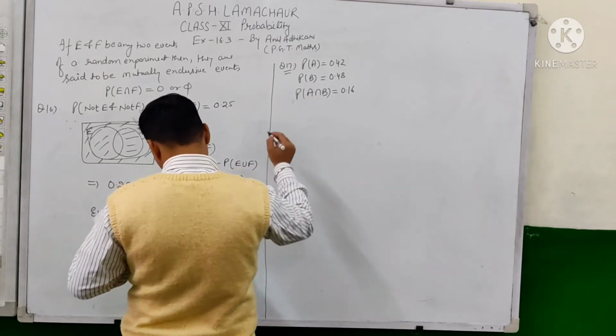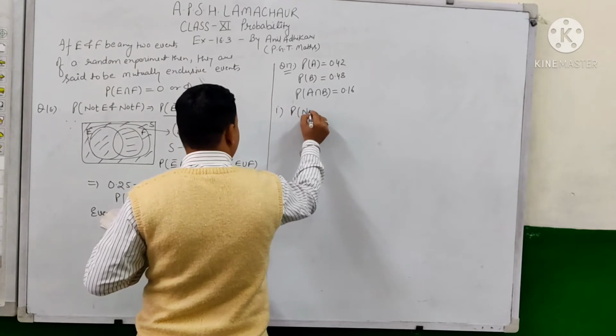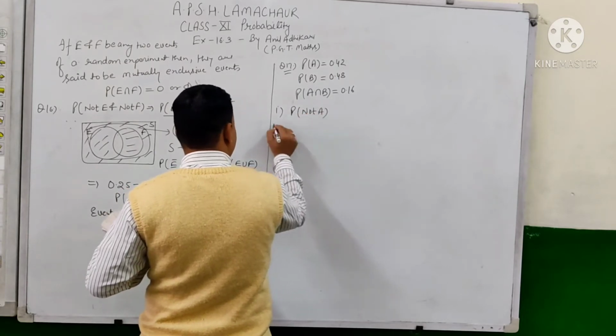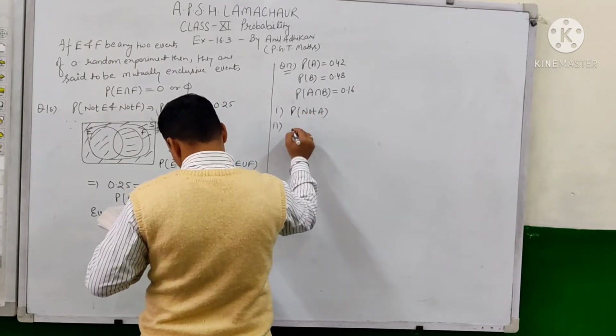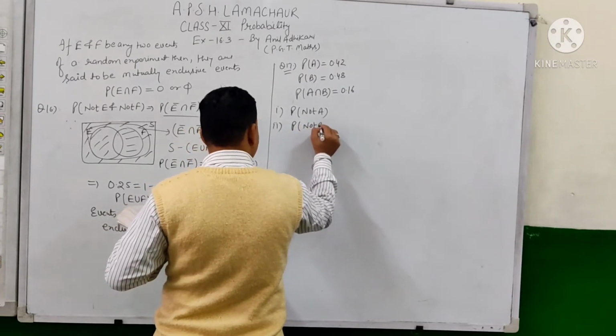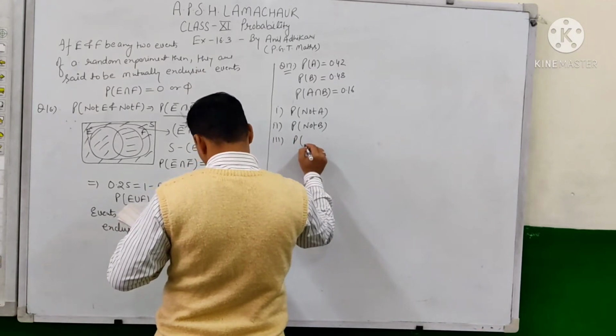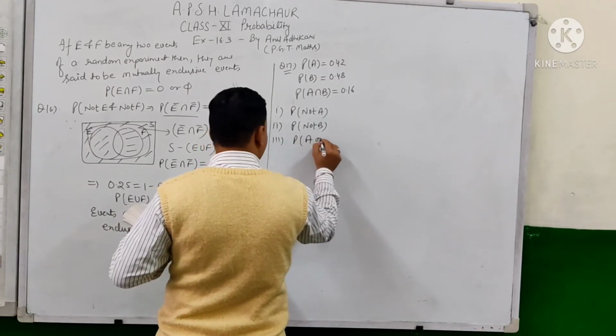Now we have to determine first the probability of not A, second the probability of not B, and third the probability of A or B.